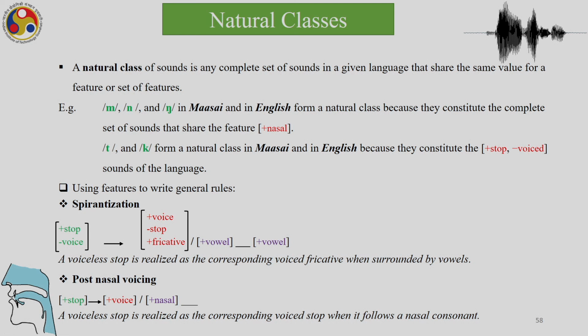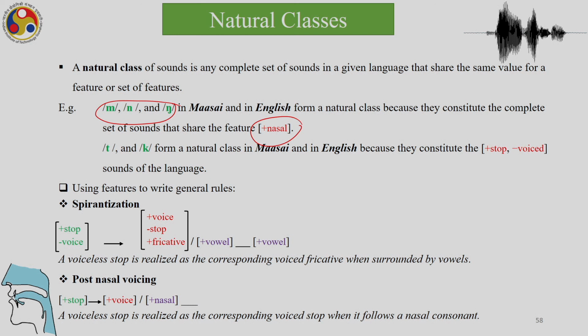So, the three nasals m, n and ng in Maasai and in English form a natural class because they constitute the complete set of sounds that share the feature plus nasal. All three of them share an important feature, that's nasal.